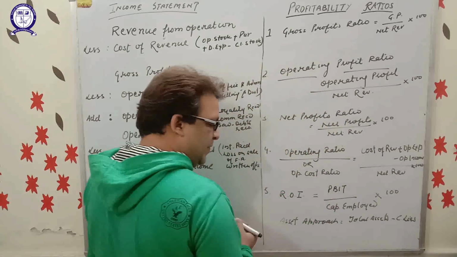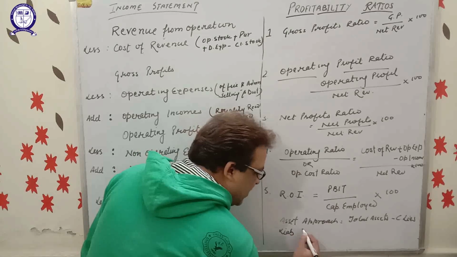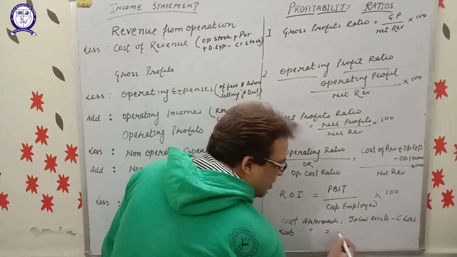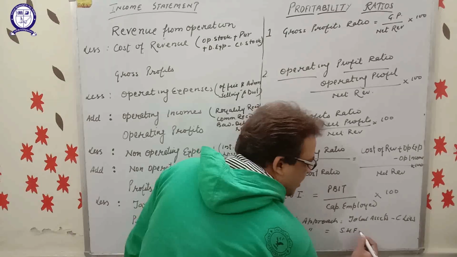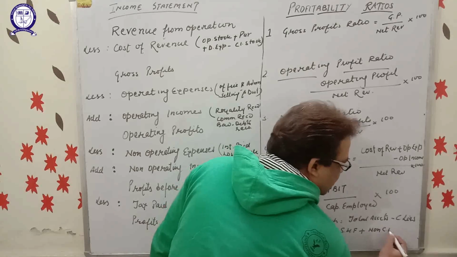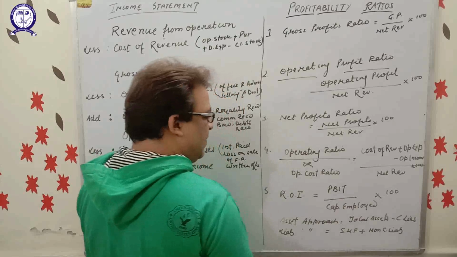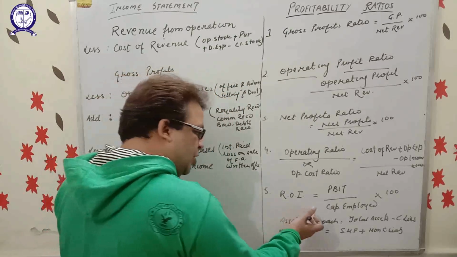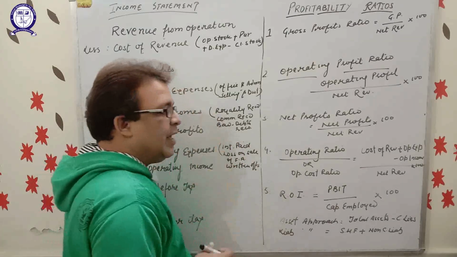And if we are taking the liability approach, it is the first heading of the liability side, shareholders' funds, and second, non-current liabilities. So these two approaches are used to calculate capital employed.